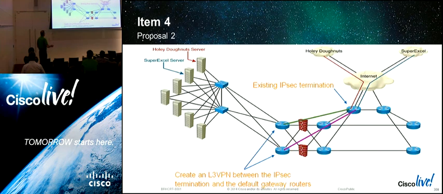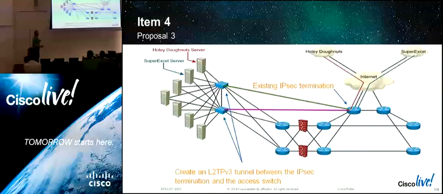Another proposal is let's take the tunnels all the way to here and create layer 3 VPNs between the IPsec terminations and the default gateways. So the tunnels come all the way to here, but I use VRFs to separate the traffic there. The third is I extend the tunnels all the way to the switches, and I do L2TPv3 between here.